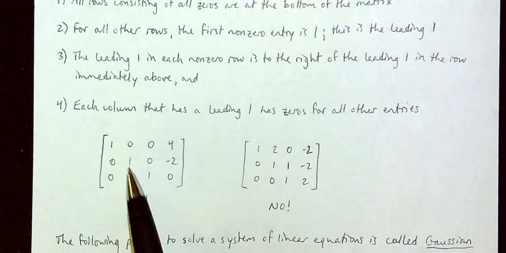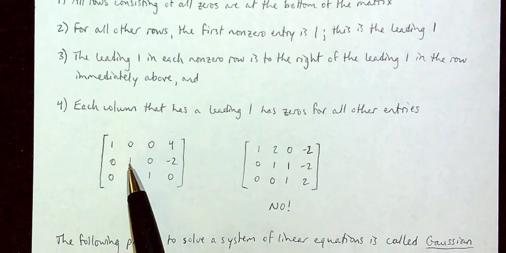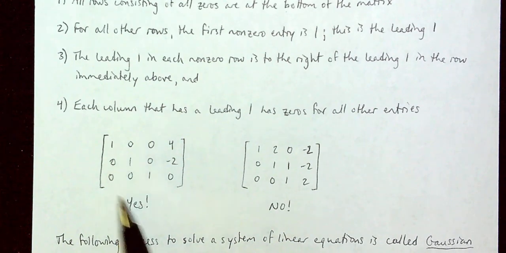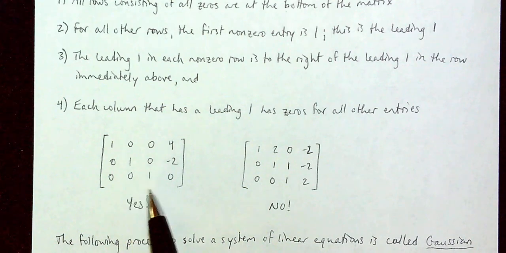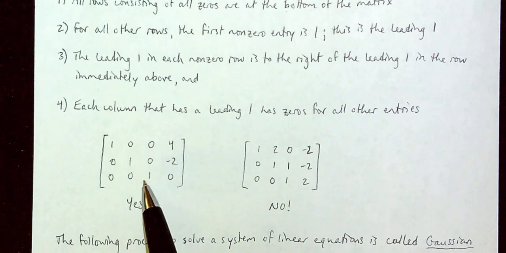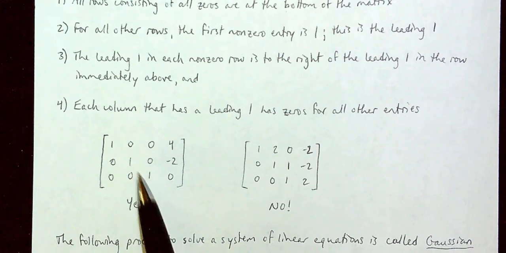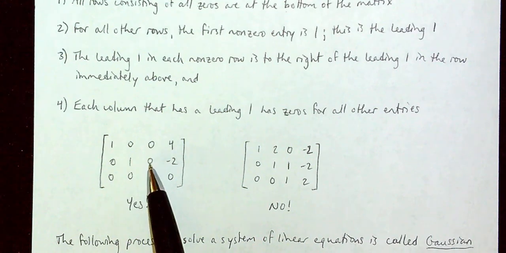The first non-zero entry in each row is indeed a 1. 1, 1, but there's a 0 here, so that's fine. 0, good, 0, good, 1 there, we're good. The leading 1 in each non-zero row is to the right of the leading 1 in the row immediately above it. Go up 1 row.